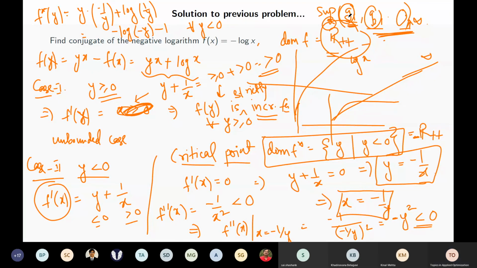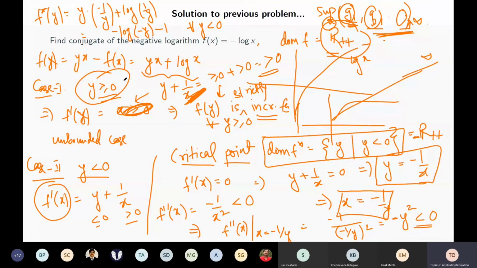In the first case, we saw that if y was greater than or equal to 0, then regardless of what x I choose, for varying x, it does blow up to infinity. So when y is greater than or equal to 0, the supremum is guaranteed to go to infinity.